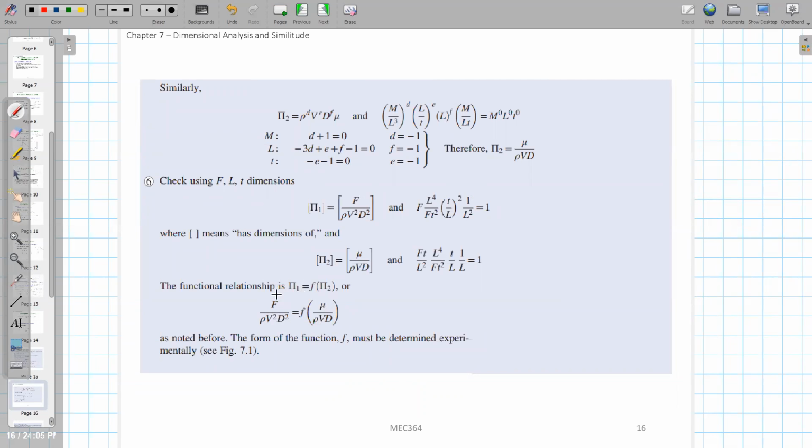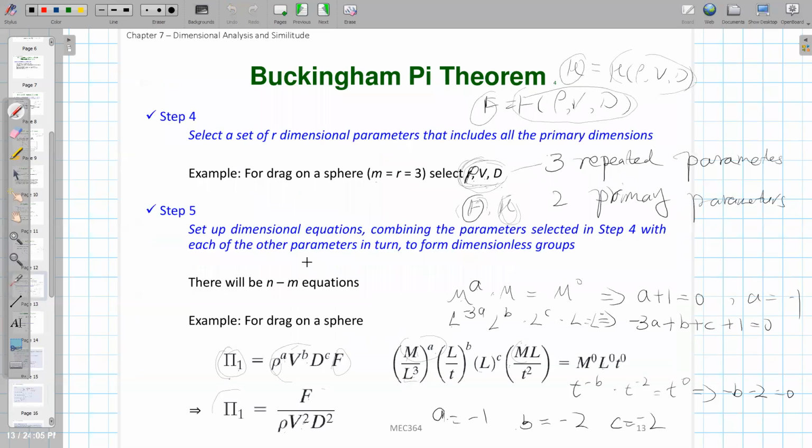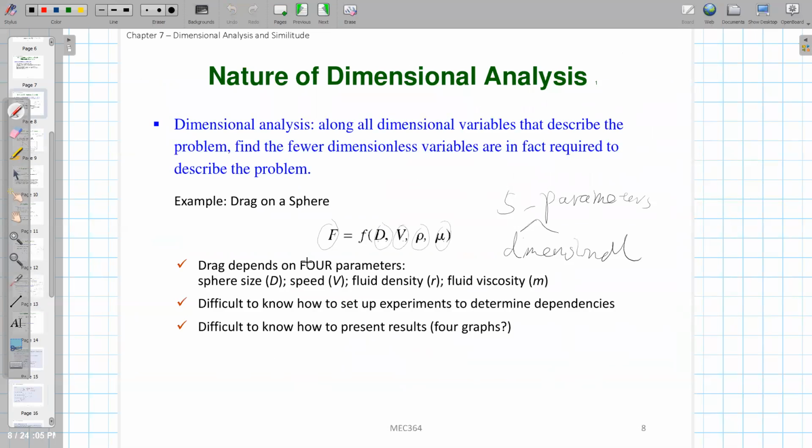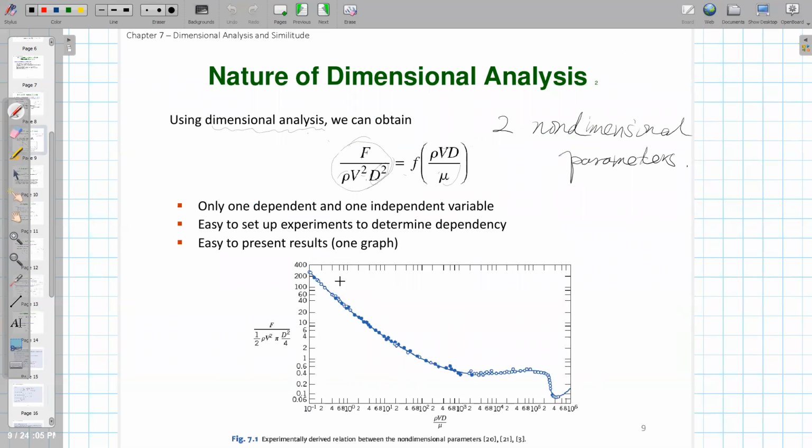So I measure the dimensionless drag force as a function of Reynolds number, and this chart is enough for the problem because it only involves 1 parameter for the dimensionless drag force. So this is pi1, this is pi2.